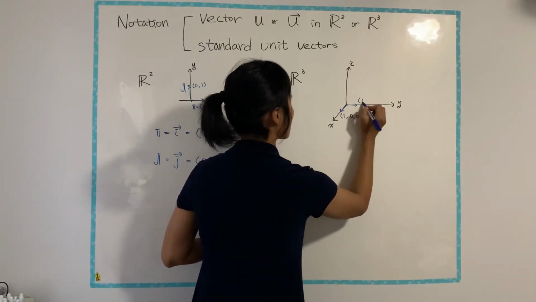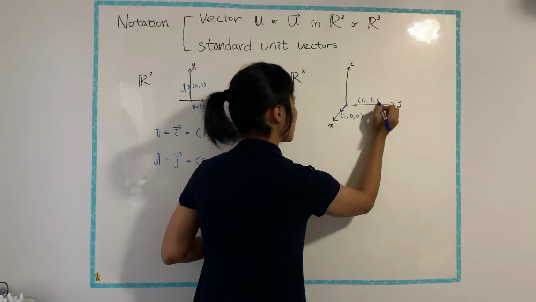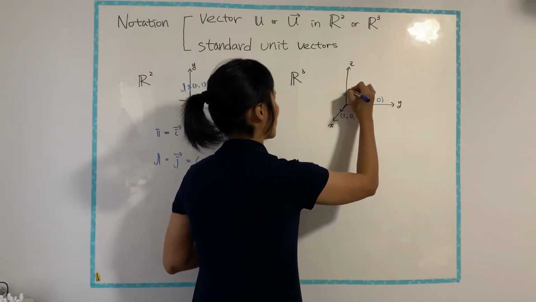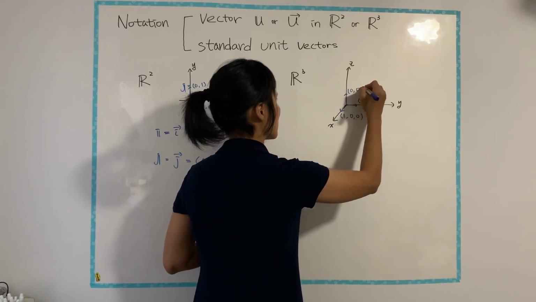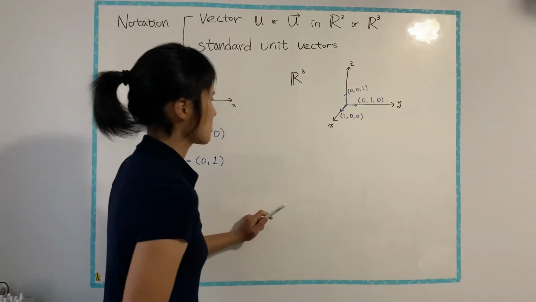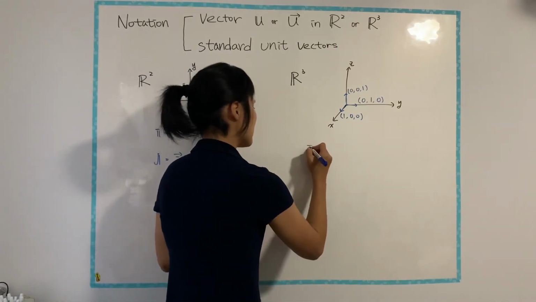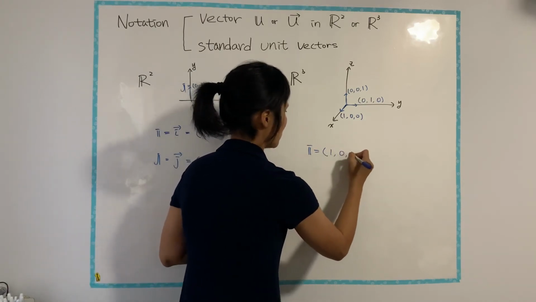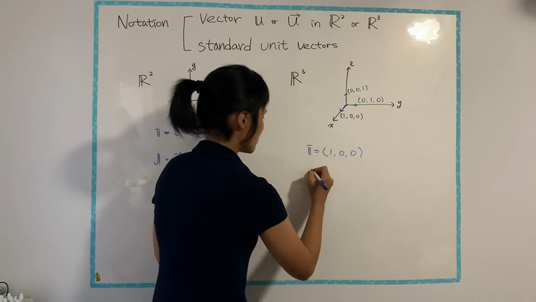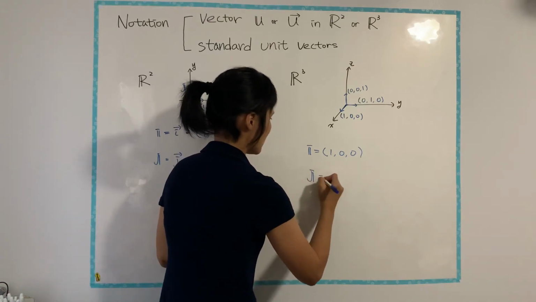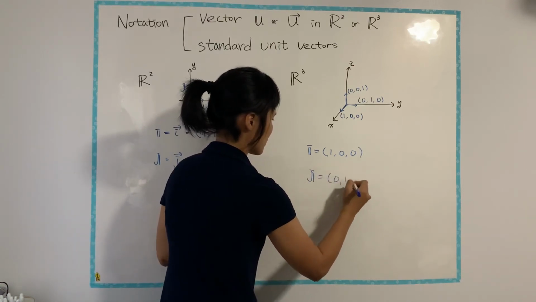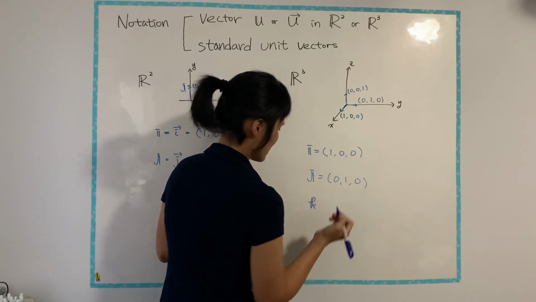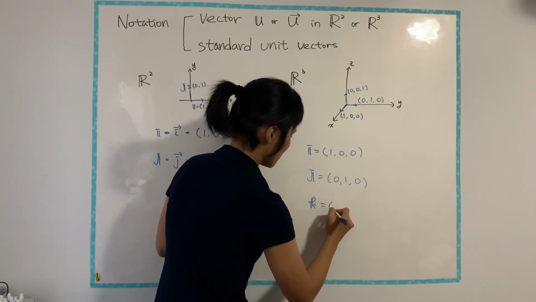Second one's this, so 1 unit in y direction. And the third one is this, (0, 0, 1). Okay, so what's the notation for that? Again, i would be for (1, 0, 0), and j would be for (0, 1, 0), and the last one I will use k. k is a unit vector in the z direction.